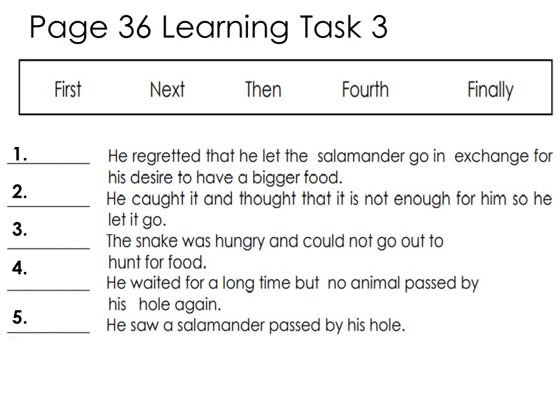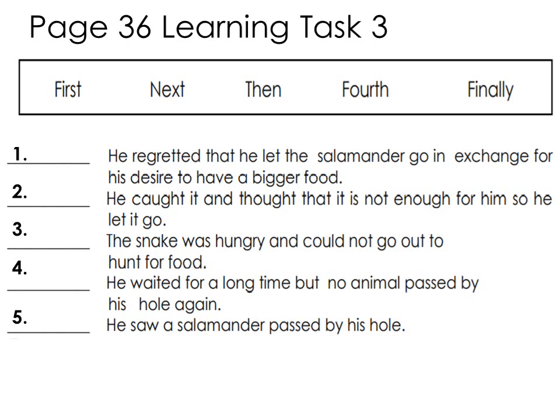So we write first if it's the first thing that happened, and then next, and then if it's followed by that. Fourth, if it's the fourth thing that happened, and finally, if it's the last thing that happened in the story. Okay? So just write your answer, whether it's first, next, then, fourth, or finally.